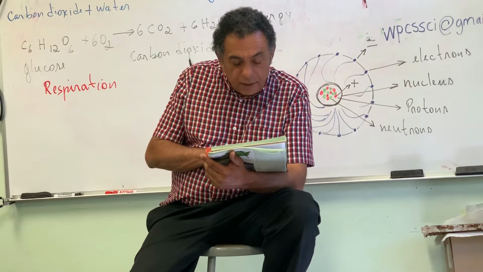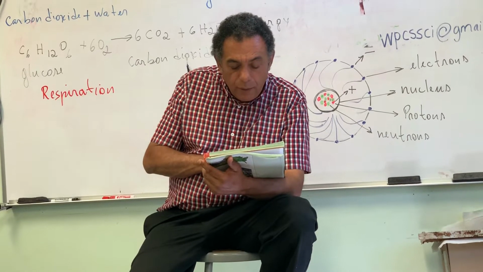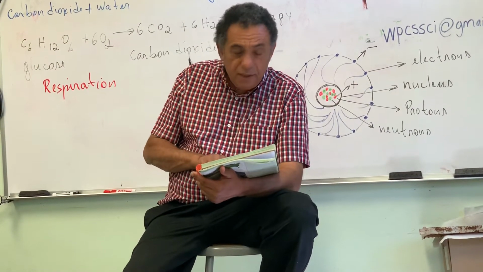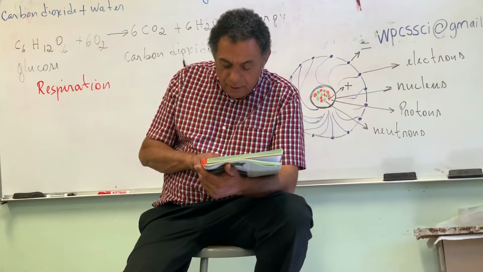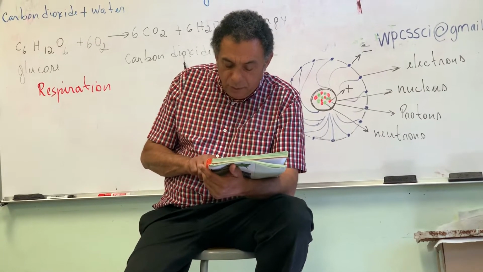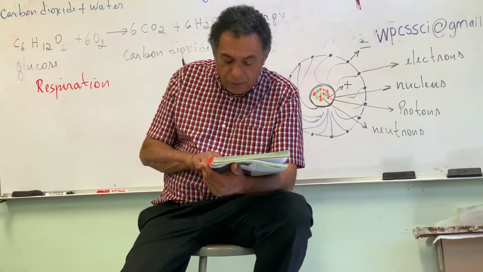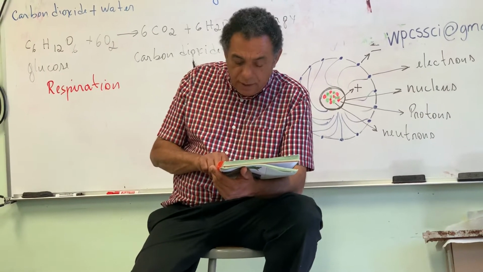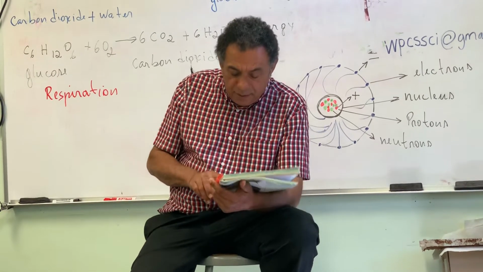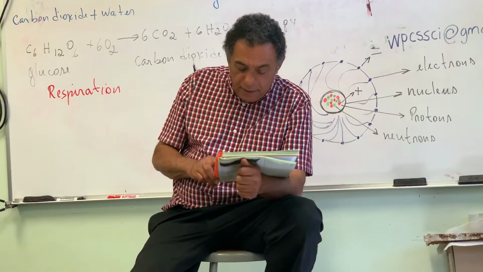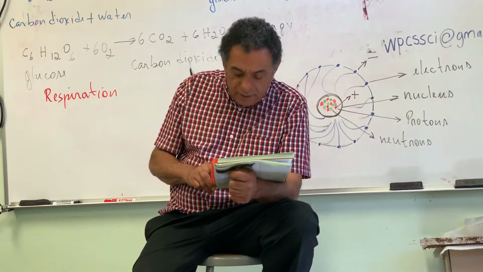Number 7, explain how overpopulation can damage an ecosystem. And then you see the answer can vary: it may cause some species to become locally extinct, or new species to enter the ecosystem. Sometimes you bring a new species into the ecosystem, and then what happens? It destroys the entire ecosystem.